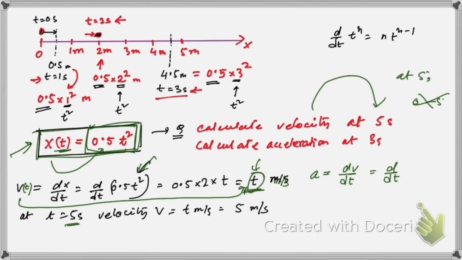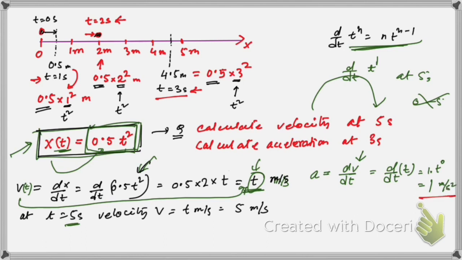So now let us replace this v by t. Then if you differentiate t, which is t to the power 1, it's going to be 1 into t to the power 0, which is equal to 1, so it's going to be 1 meter per second square. This is the acceleration.